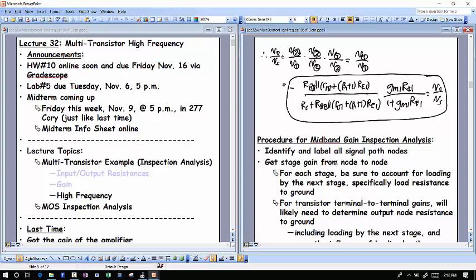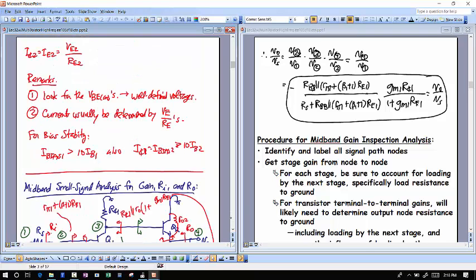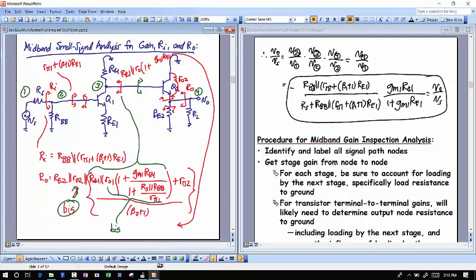So that step-by-step is: 1, identify and label all signal path nodes. Maybe I should have a picture up when I'm going through that. So here's that picture there. So 1, 2, 3, 4, all the nodes. And we're going to get the gain from each stage, so get the stage gain from node to node. For each stage, be sure to account for loading by the next stage.